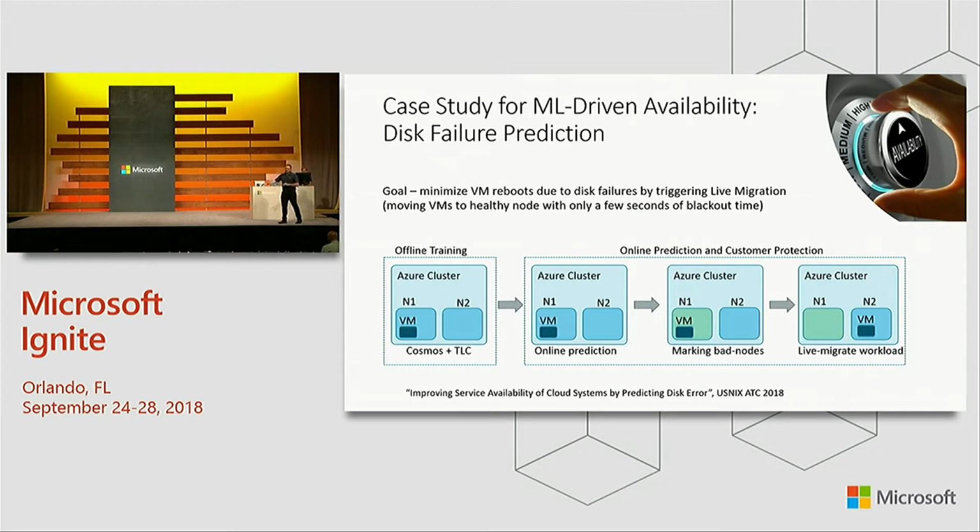There's some explanation here. We first do a training, some internal names. Then we live migrate the machines. But I think the bottom line is it's better to do a live migration than to have a VM crashing due to a failing disk. And our goal is to have this mitigation action as simple and as transparent as possible.